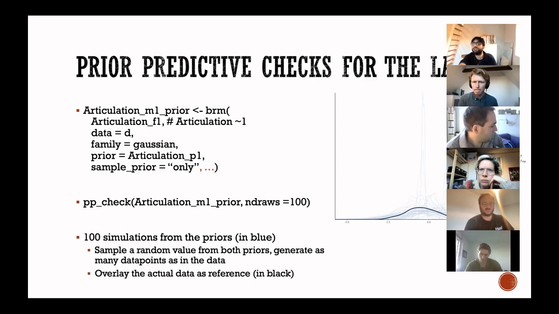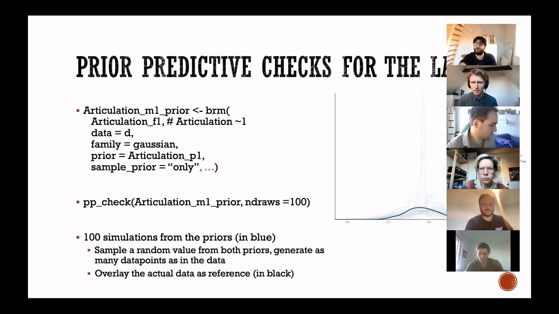What does it mean to sample 100 times from the model? Remember, even from your frequentist statistics days, each coefficient, each parameter that you have has a mean and a standard error. Means that it's a distribution.